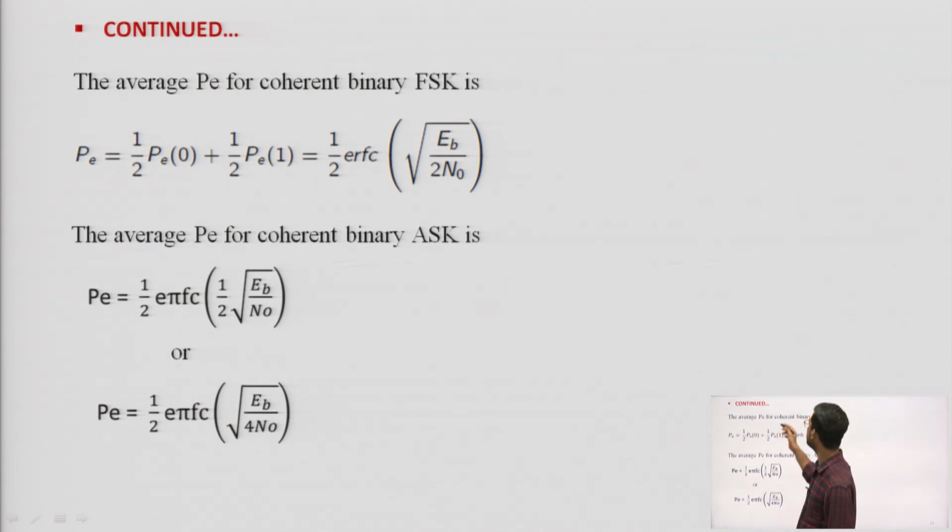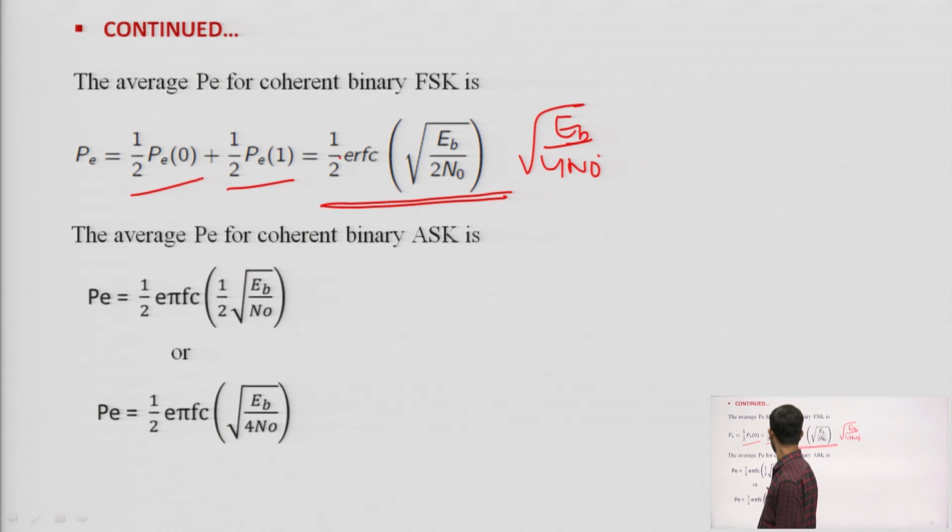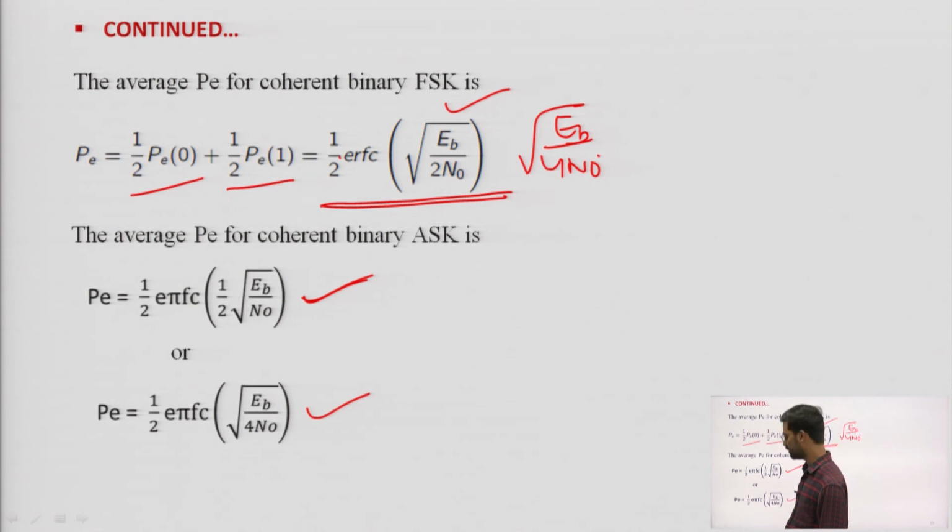So, the average probability of error for coherent binary FSK is P_e equal to half P_e0 plus half P_e1, that is half erfc of root EB by 2 N naught, but in case of ASK it was half erfc of root EB by 4 N naught. So, we can see this is the P_e expression, compared with that of binary ASK.